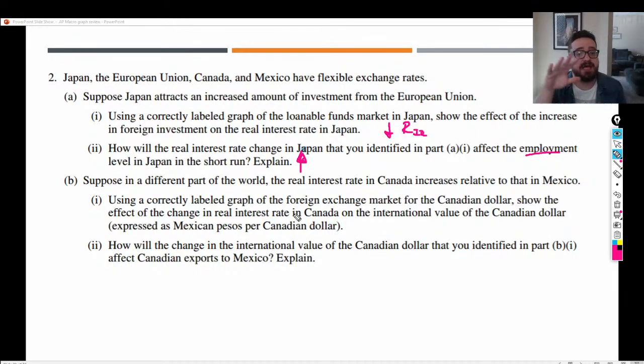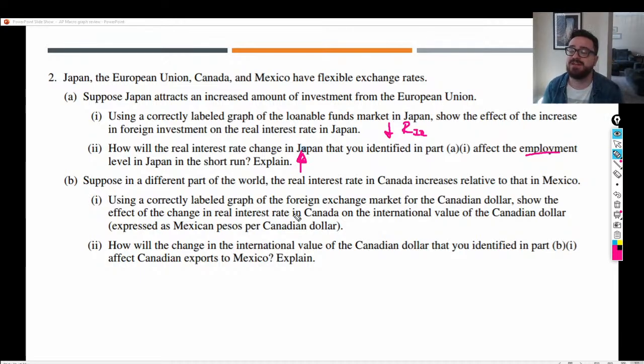There is technically another way you could have drawn it if you wanted to. You could have drawn your Canadian dollar graph as a decrease in the supply of Canadian dollars. Technically, that is allowed because you could interpret this as Canadians being less likely to invest in Mexico because Mexico has a lower real interest rate than Canada.